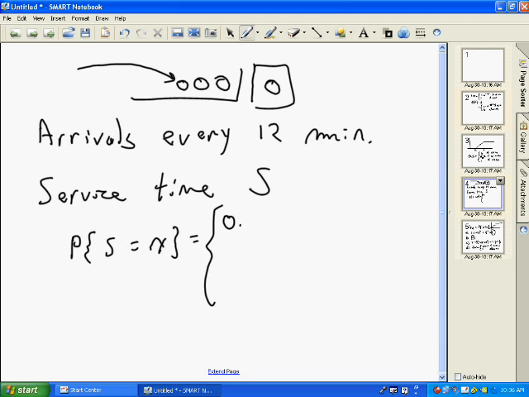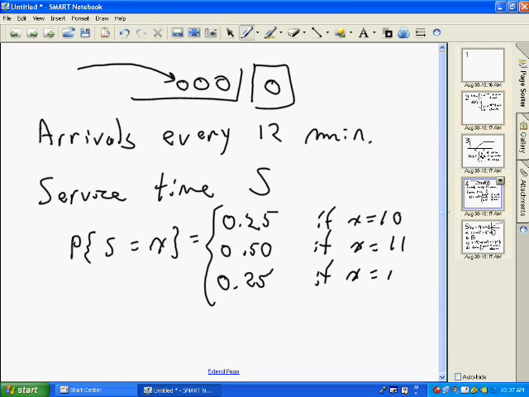It's equal to 25% if X is equal to 10, 50% if X is equal to 11, and 25% if X is equal to 13. Okay, so that's our distribution for service time.